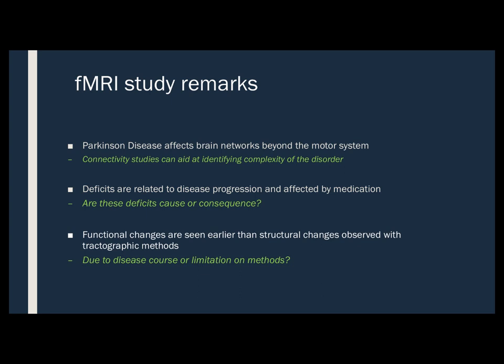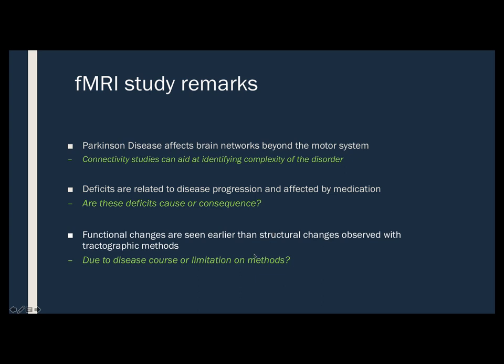We need to take into account, when we are talking about rest, as I mentioned, the actual limitations that the studies have. We know that there are deficits that are related to disease progression, and there are things that will be affected by medication, and we need to separate what is the cause and the consequence of this, if we could.